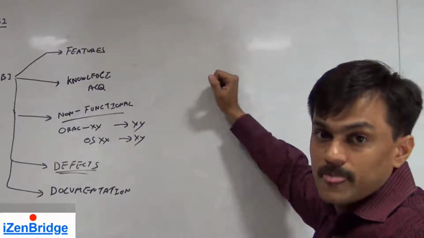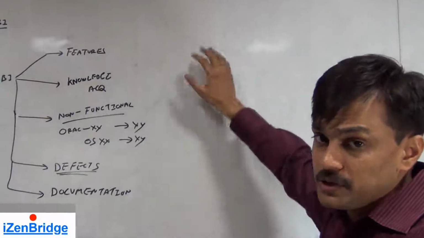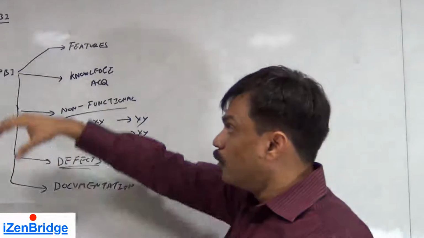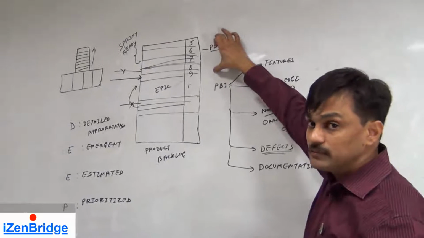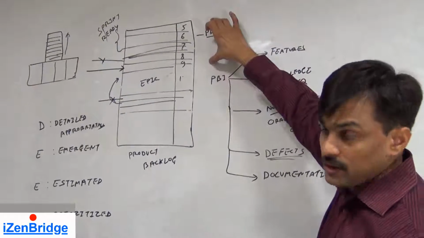Now what do we do? These are all functionality or desired work prioritized by the product owner. Now there is a team, they have to work on it. We spoke about in a sprint planning meeting, we pick a number of product backlog items which we think as a team that we can deliver.